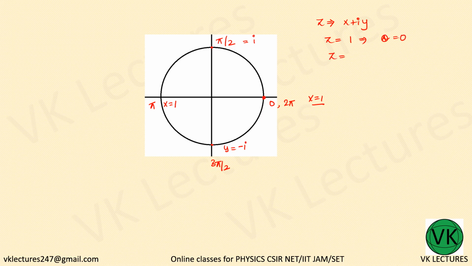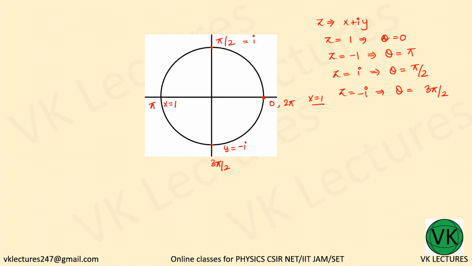When z equal to, say for example, minus 1, which means theta equal to pi. When z equal to i, which means theta equal to pi by 2, and when z is equal to minus i, theta is equal to 3 pi by 2.